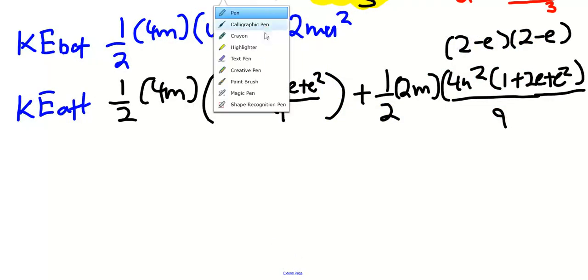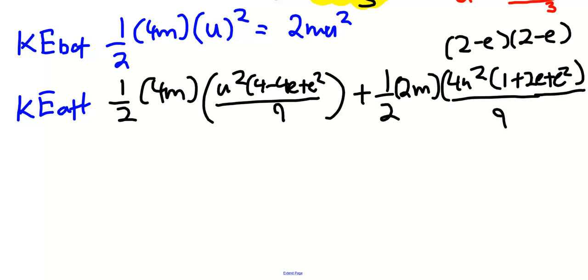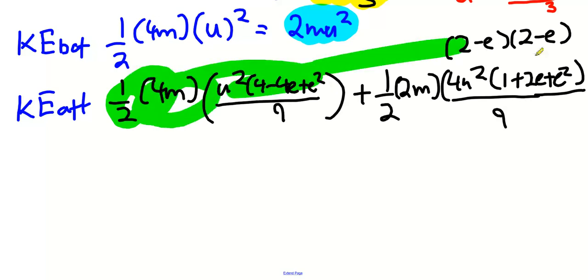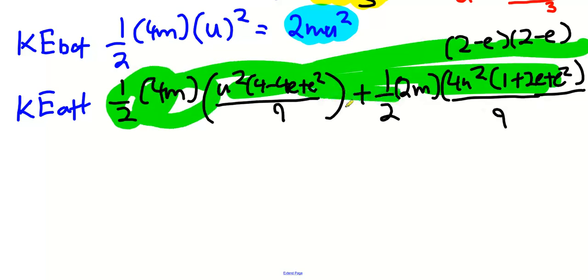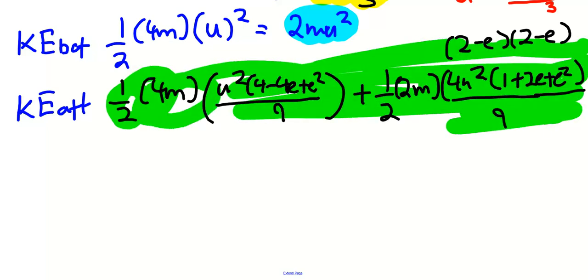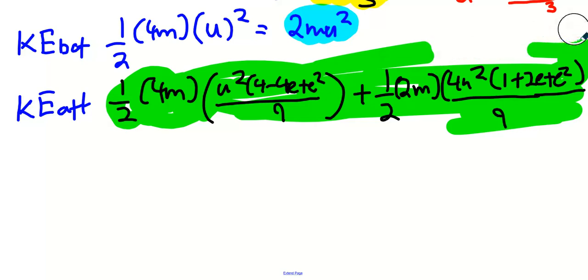I'm going to get that blue one, and I'm going to take away this green one. And it's not nice looking, is it? No, it's not. And we're just going to have to deal. Okay, you ready? Here's how we're going to deal.